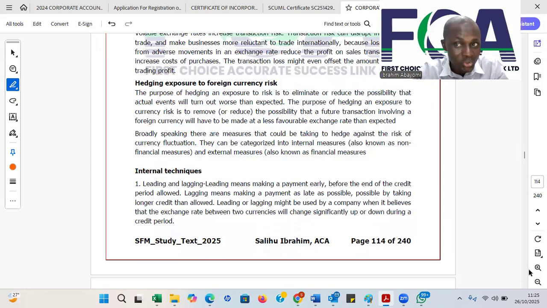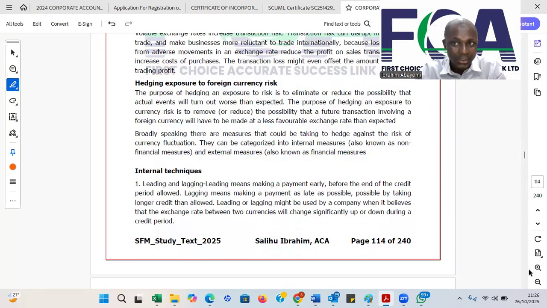In that case, you quickly accelerate the payments. That's leading. You accelerate the payment in anticipation of unfavorable movement in exchange rate. While lagging means you delay the payment when you expect that exchange rate will move in your favor. That is lagging.